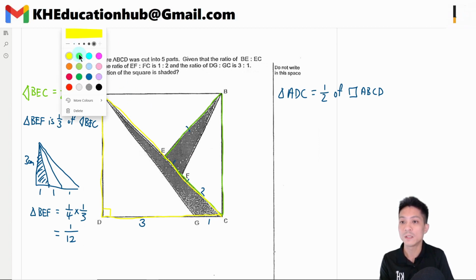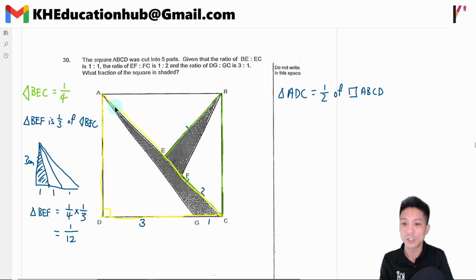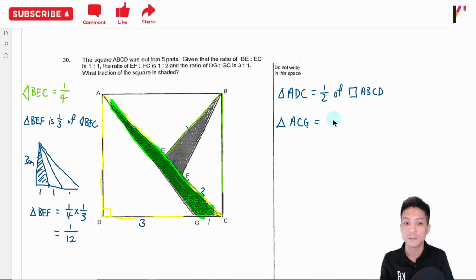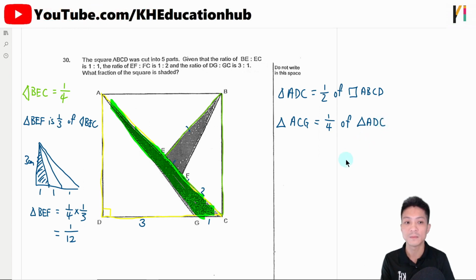Then the next thing to realize is this shaded part here, triangle ACG, is actually a quarter of triangle ADC.